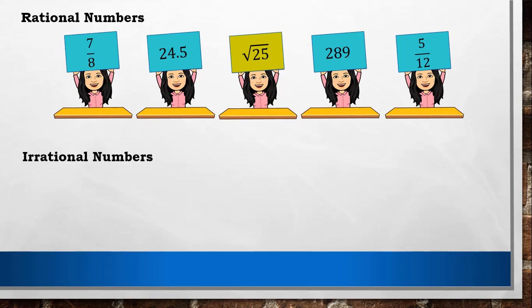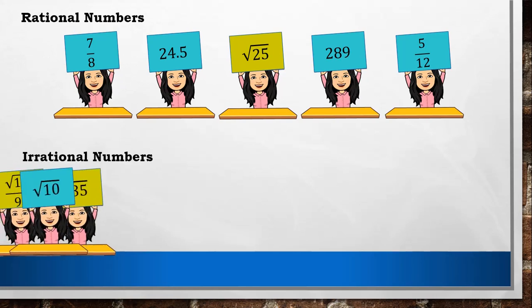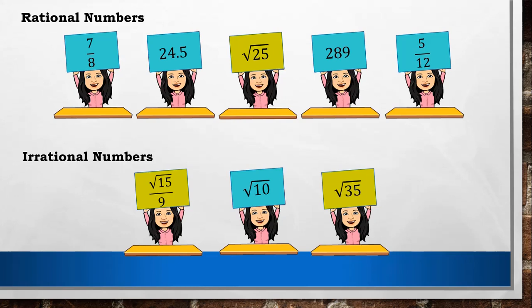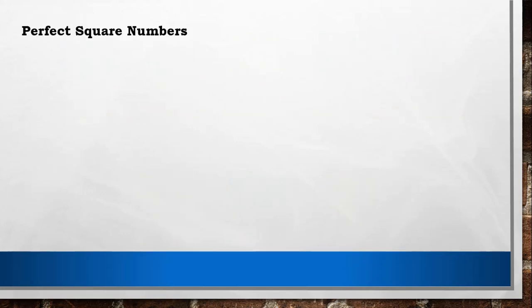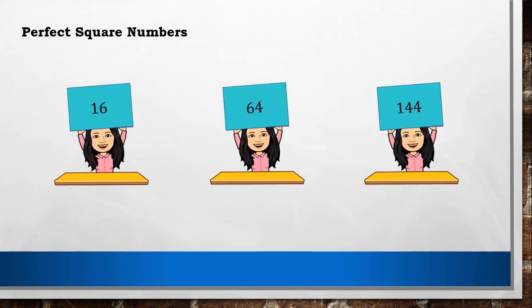And then for irrational numbers, these are numbers that cannot be expressed as a fraction. And the last, we have perfect square numbers. 16 because 4 times 4 equals 16. 64 because 8 times 8 is 64. And then 144 because 12 times 12 is equal to 144.